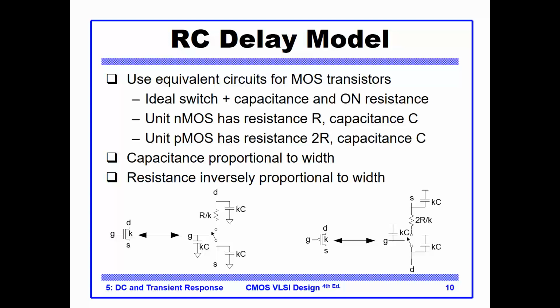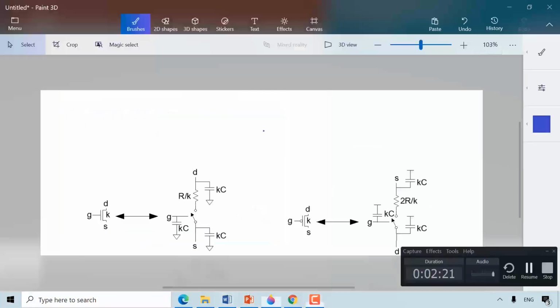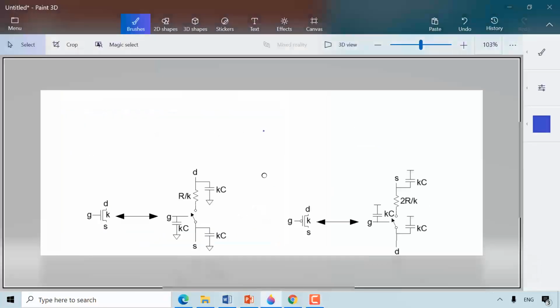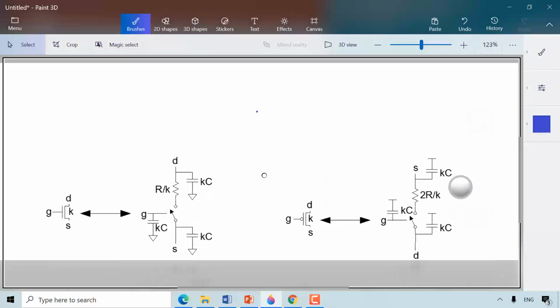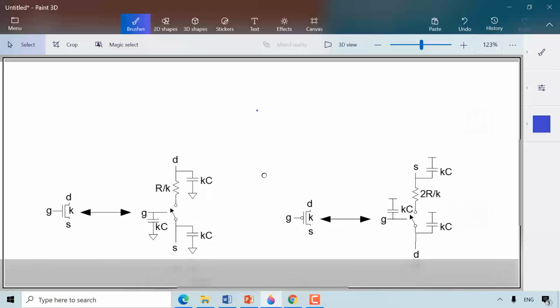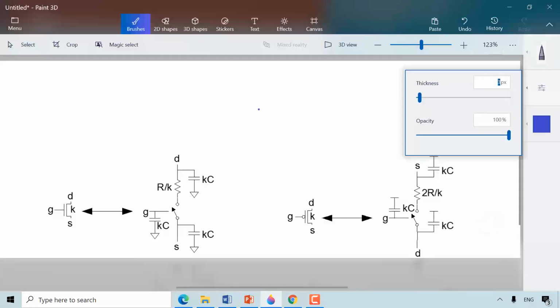So before we go there, let me do this, it's probably easier. Let's see how we can do this. I'll take the drawing to the whiteboard here and see how we can achieve this.